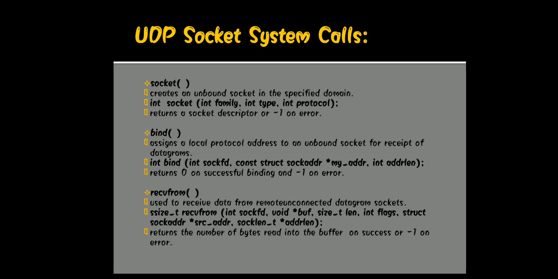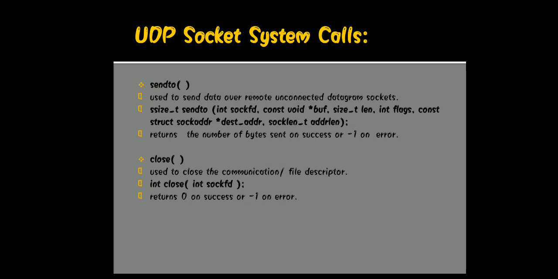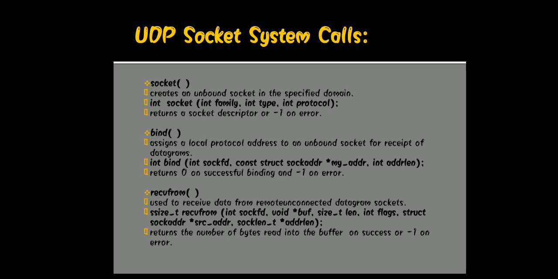Receive from. Receive from system call is used to receive data from remote unconnected datagram sockets. It accepts 6 arguments: file descriptor, buffer to read info, size of buffer, flags to modify socket behavior, source address, and its size. It returns number of bytes read into the buffer on success and -1 on error.